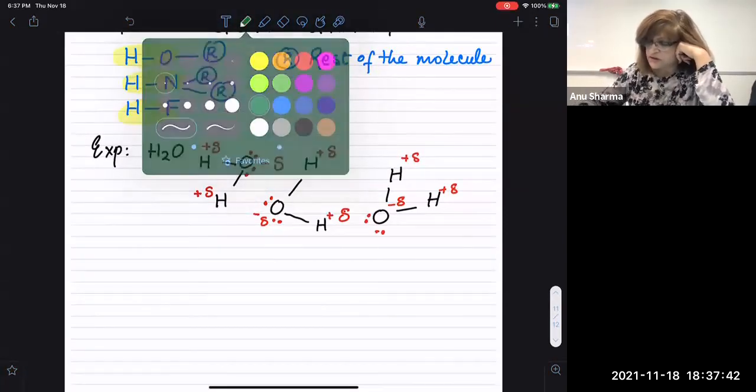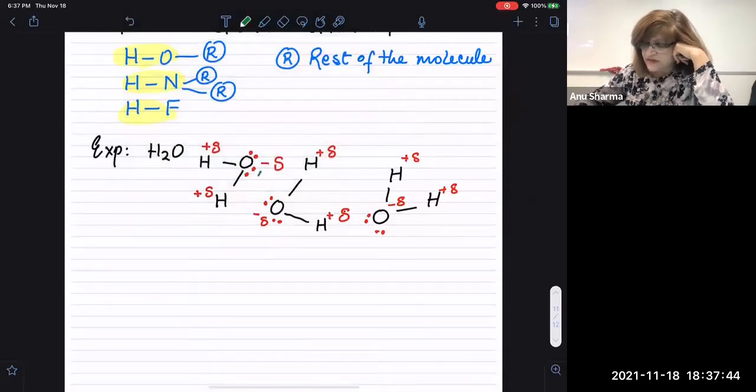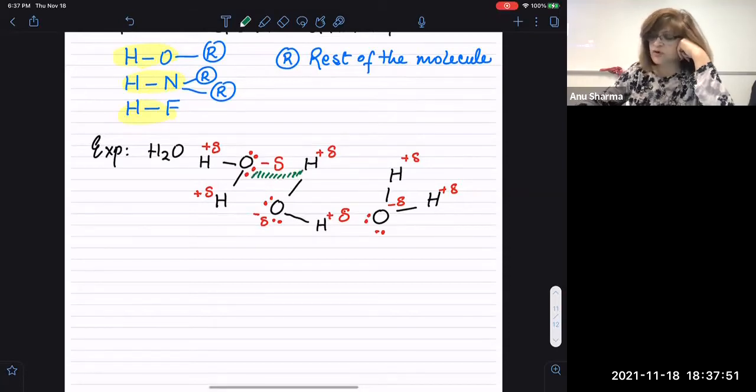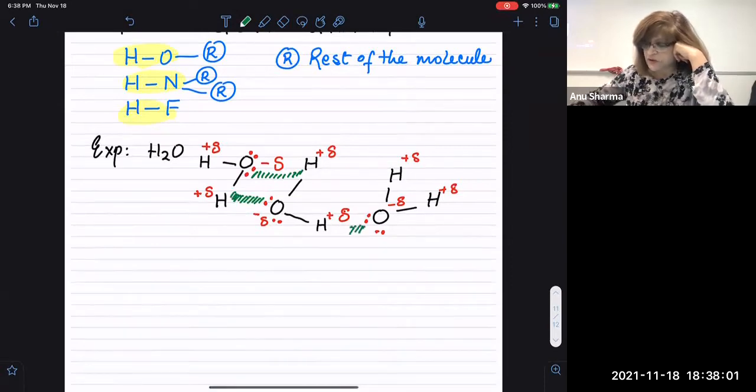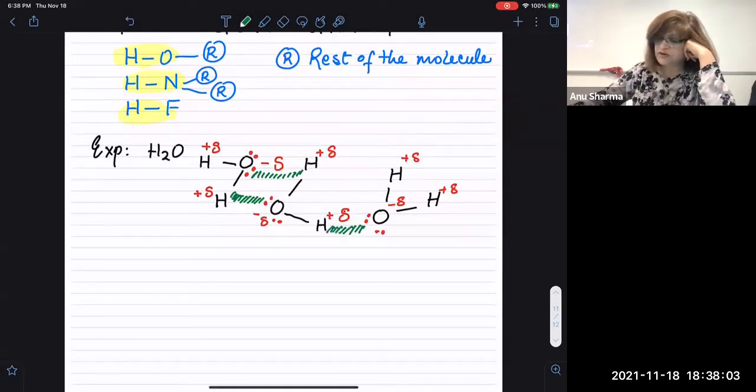This oxygen, when it looks at the neighbor's hydrogen, sees a hydrogen that is electron deficient. So it lends its lone pairs to the neighboring hydrogen. This oxygen lends its lone pairs to its neighboring hydrogen, and this oxygen lends its lone pairs to this neighboring hydrogen.